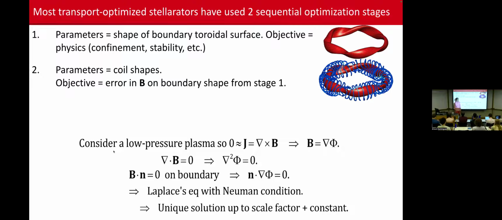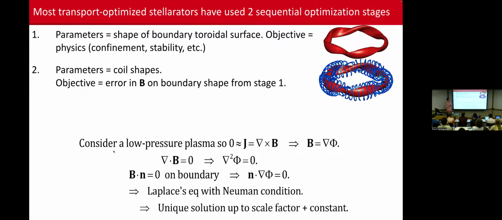Then because the curl B is 0, we can write a scalar potential phi for B. Now the divergence constraint for B gives us a Laplace equation for phi. And all of this is subject to a boundary condition B dot n equals 0. And this is just Laplace's equation with the Neumann boundary condition. There's a unique solution.